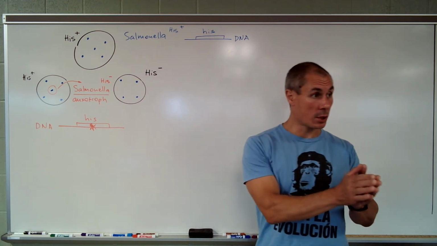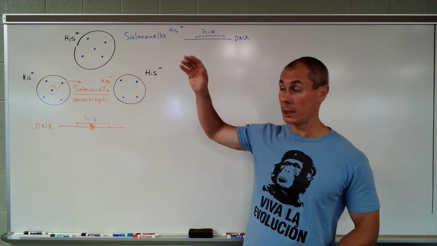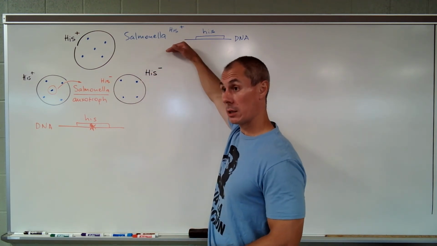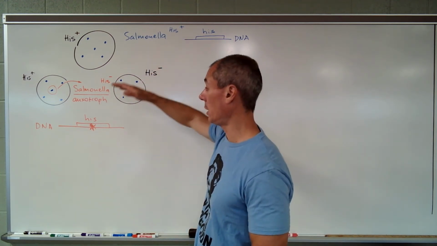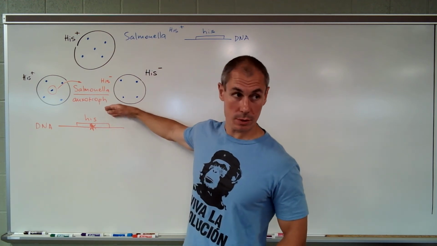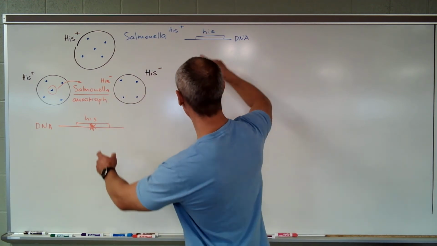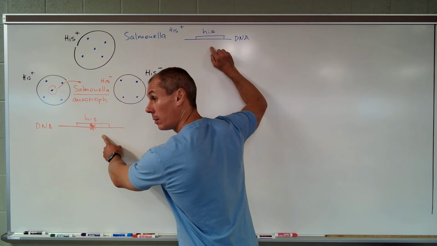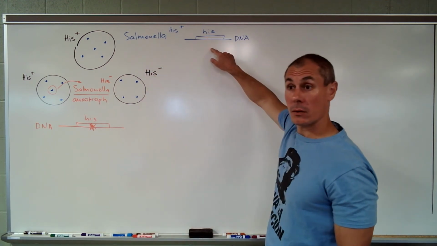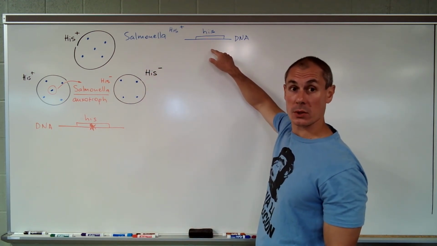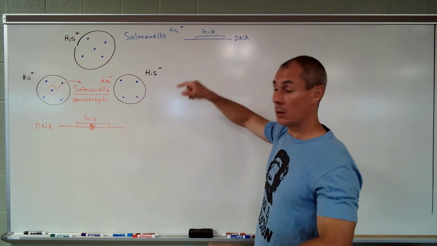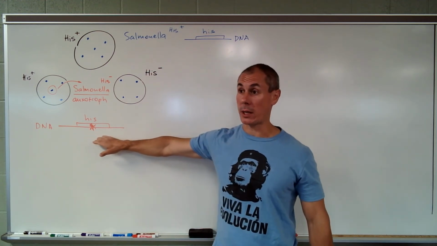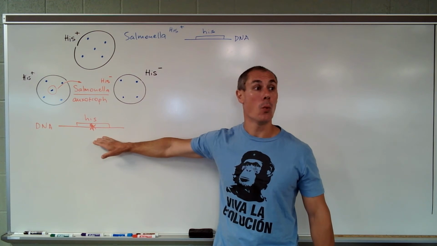So, transitioning from humans to bacteria, both histidine-producing salmonella and histidine-not-producing salmonella have the gene. But in this one, when the gene is being expressed, the protein is okay. When this gene is being expressed, the protein is dysfunctional. Why?